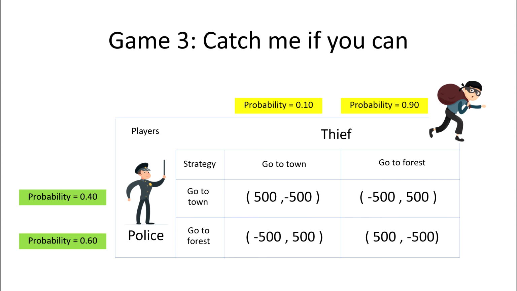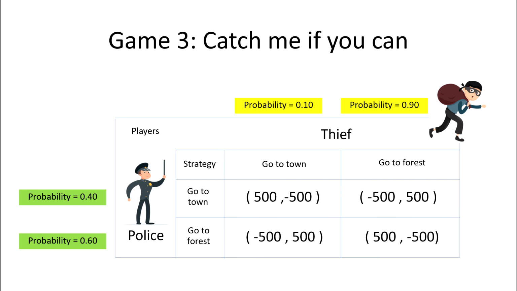And the police think, it is easier to go to town, but it may be better to go to the forest. So in fact, he or she thinks of 50-50, but places more weight on going to the forest, but still thinks of going to town.